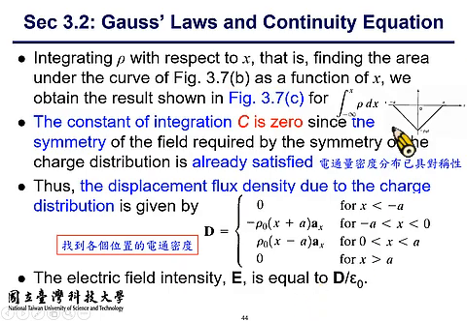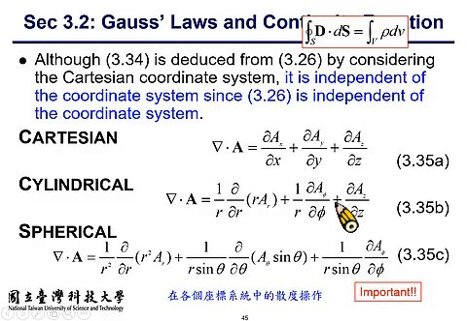Because the integral results are symmetric with respect to the x direction, the constant c can be chosen as 0, so there's no need to further adjust it. So we can simply set c equal to 0 for this problem.